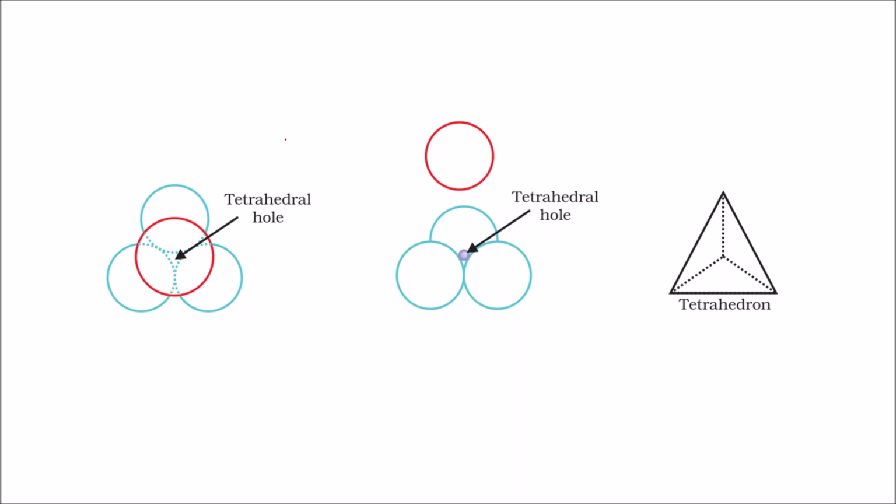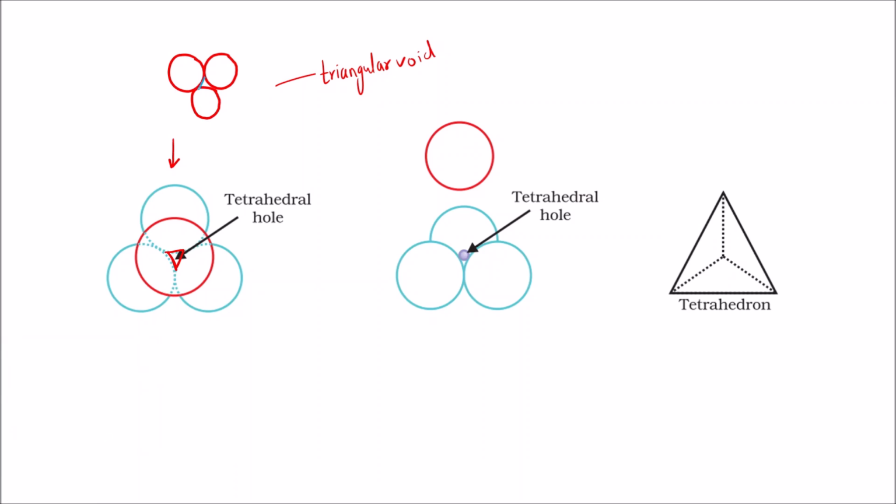For calculating the tetrahedral and octahedral holes, let us first understand what exactly is a tetrahedral hole. You place 3 spheres like this, and you will get a void that is called a triangular void. I'll draw it again: one sphere, second sphere, and the third sphere.